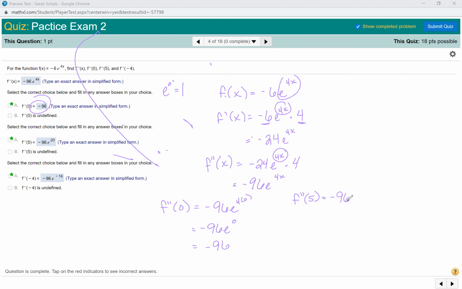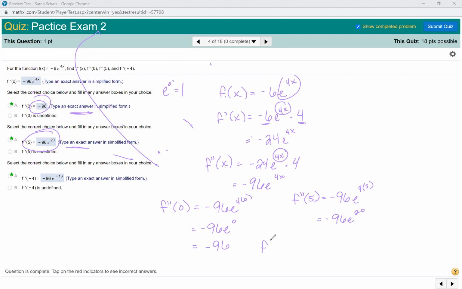But the second derivative at 5 is going to be negative 96 times e to the 4 times 5, which is negative 96 e to the 20th. And instead of putting that in and getting a calculator answer, notice it says write your answers exact. So you would just write that, negative 96 times e to the 20th.